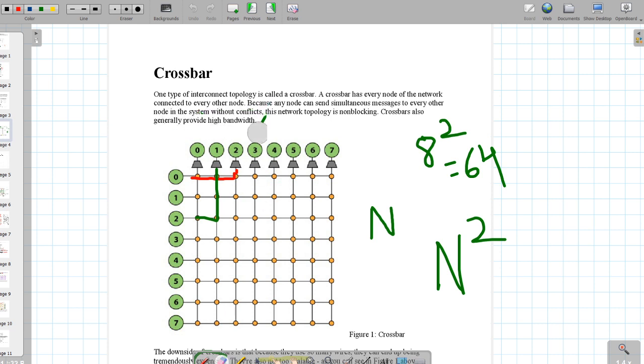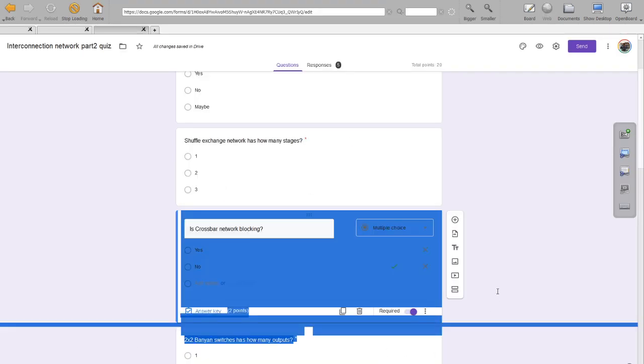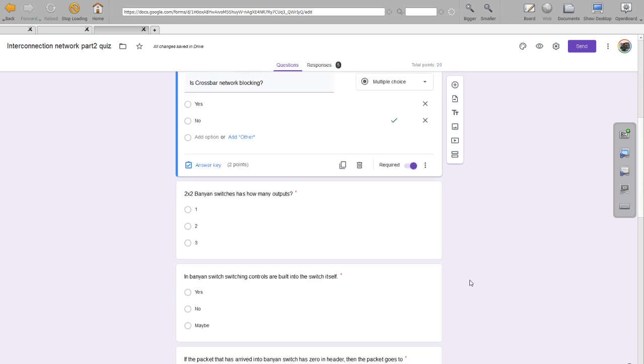Let me erase this thing here. Because any node can send simultaneous messages to every other node in the system without conflicts. This network topology is non-blocking. So the correct answer is no.